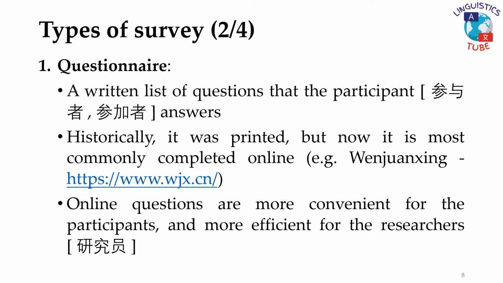Firstly, it is of course much more convenient and efficient for the participants to complete it online. And secondly, for the researchers, distributing questionnaires online saves time, because you do not need to find and physically give each participant a piece of paper, and also it is likely that many more participants will complete the questionnaire if they can do it in the most convenient place and at the most convenient time for them.